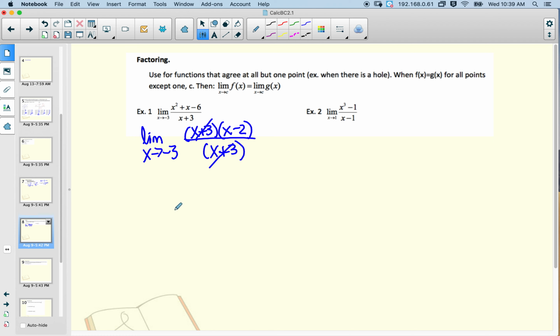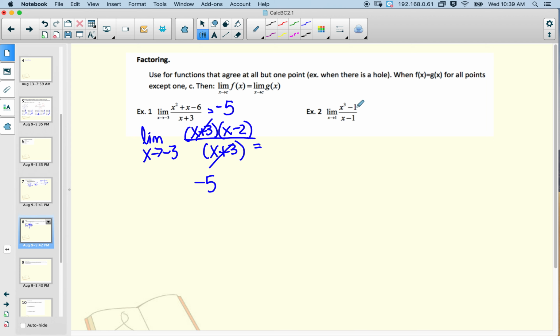Graphically, it's going to look like a hole. Okay? So now, because these two factors divide to 1 or cancel, I can sub in a -3. So then I get -3 minus 2, which equals -5. So this limit is equal to -5.